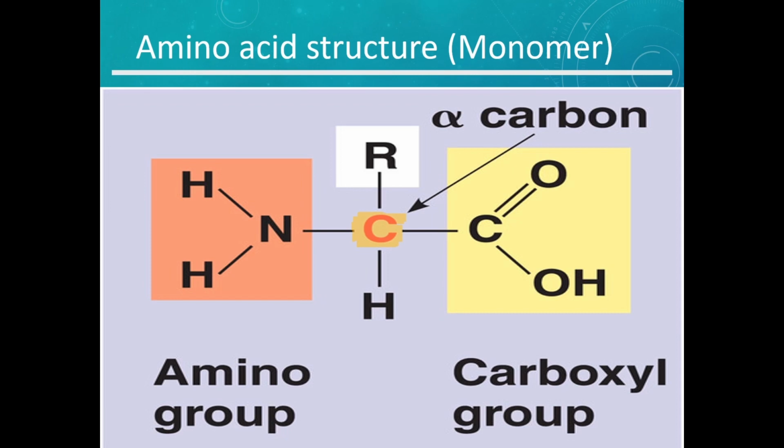The first covalent bond is connected to a hydrogen atom. The second covalent is connected to an amino group, then a carboxyl group, and the last one is the R group, or we can say it's the functional group.